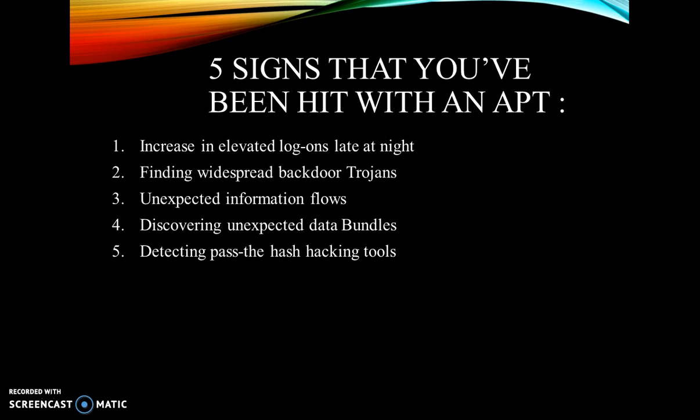The third sign is unexpected information flows. If you could pick the single best way to detect APT activities, this would be it. Look for large unexpected flows of data from internal origination points to internal computers or to external computers. It could be server to server, server to client, or network to network.